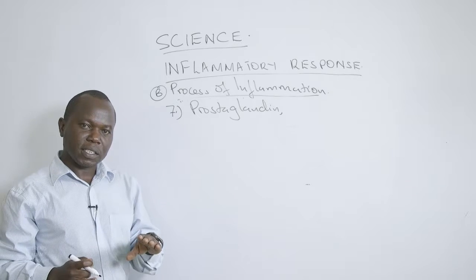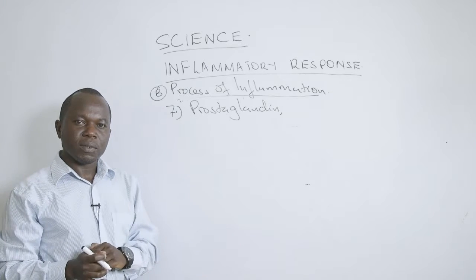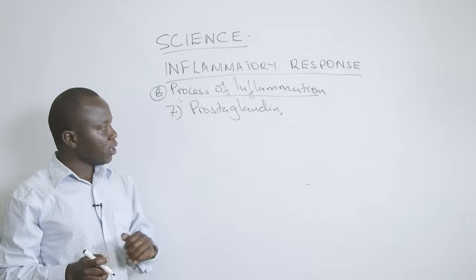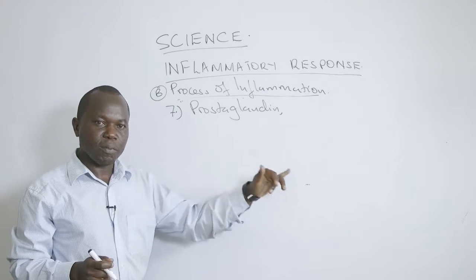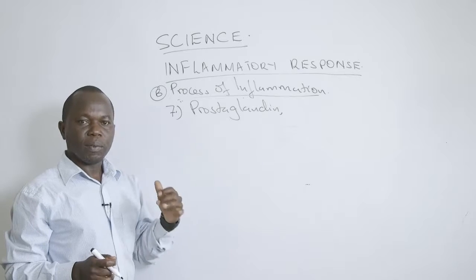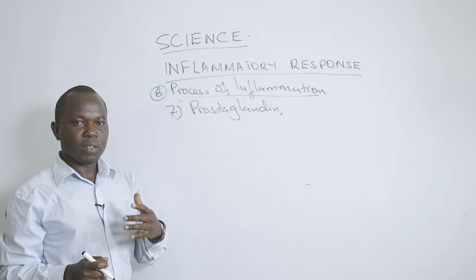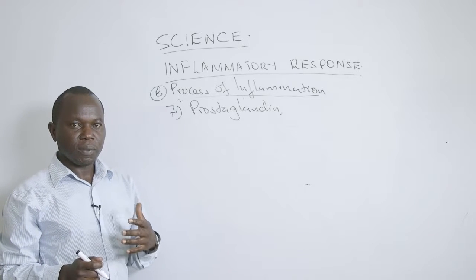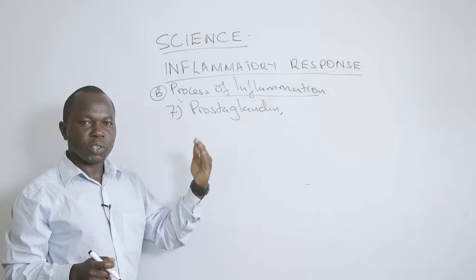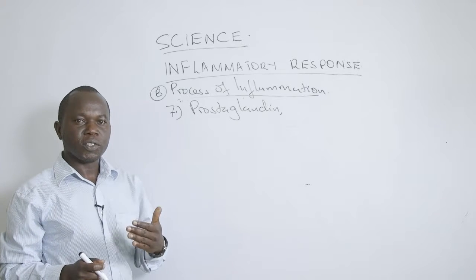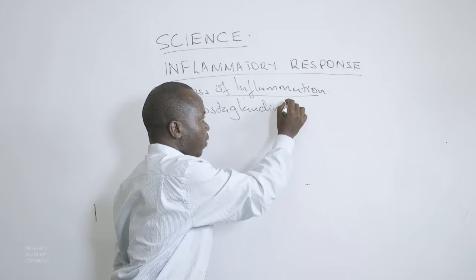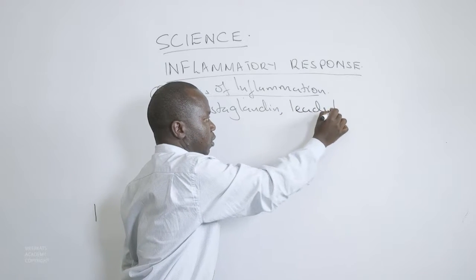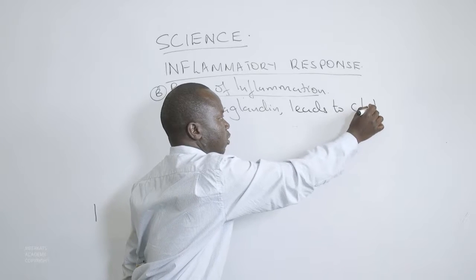If it was a cut, a lot of blood is flowing out. We call it hemorrhage. So to prevent excessive loss of blood, prostaglandin will now come in so that clots are formed. When clots are formed, it's going to stop the bleeding and also initiate the healing process. So this one leads to clot formation.